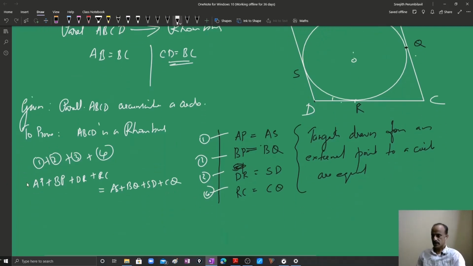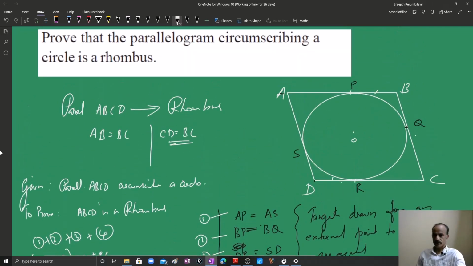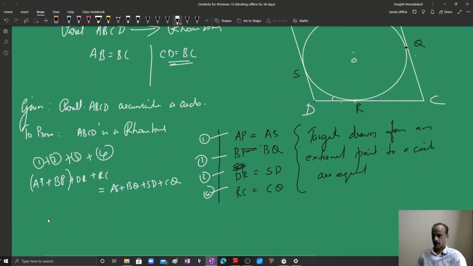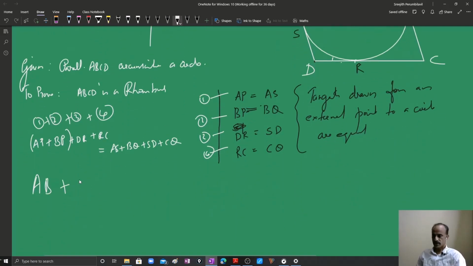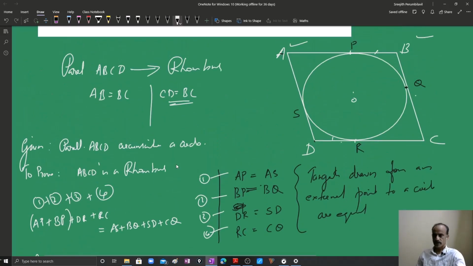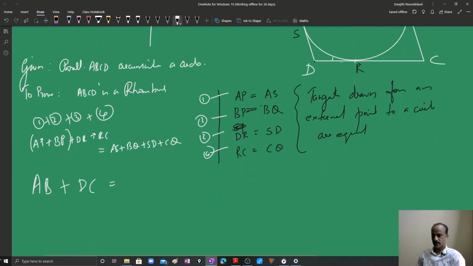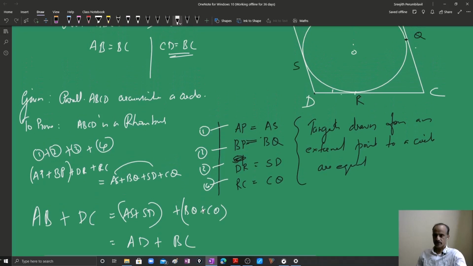When you look at that, AP plus BP is the same as AB. So AB plus DR plus RC, DR plus RC, that is DC, is equal to AS plus SD, rearranging, AS plus SD plus BQ plus CQ, that is equal to AD plus BC.